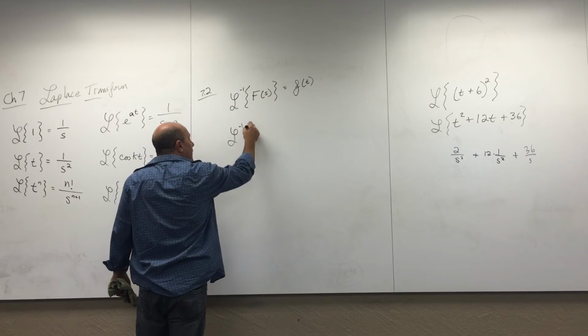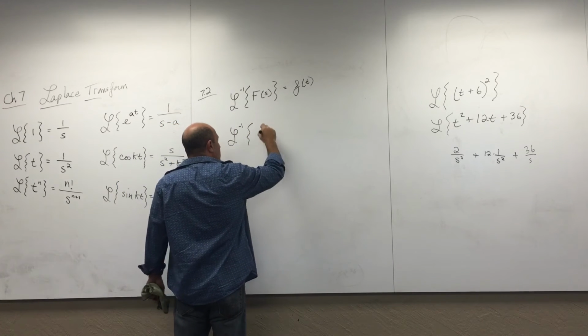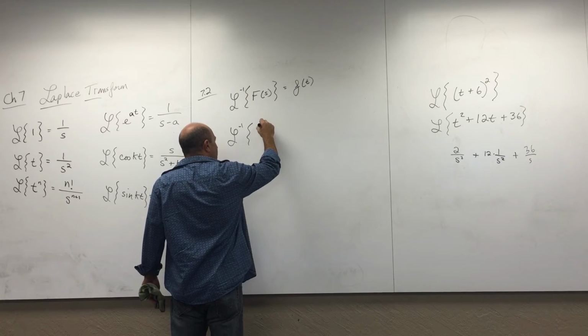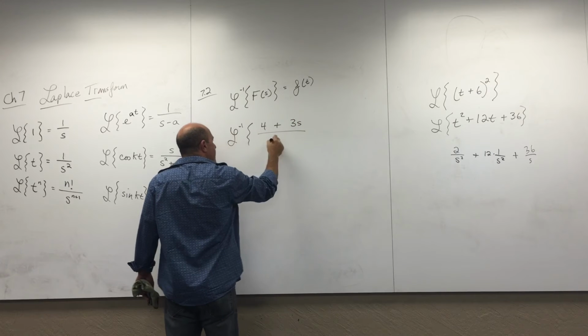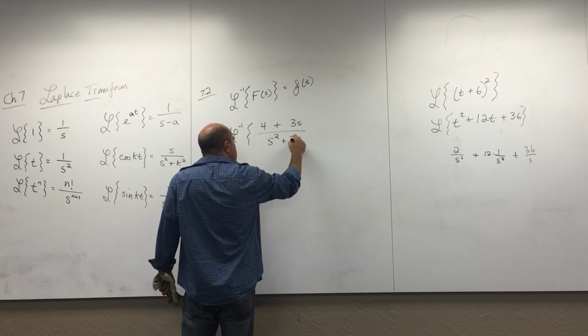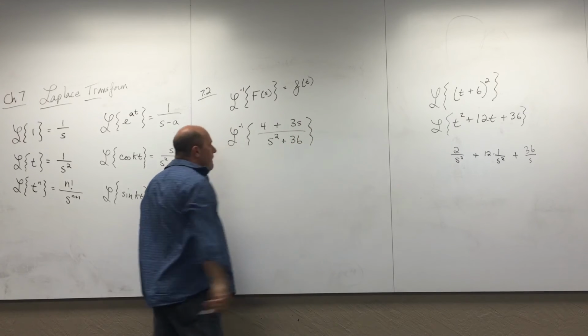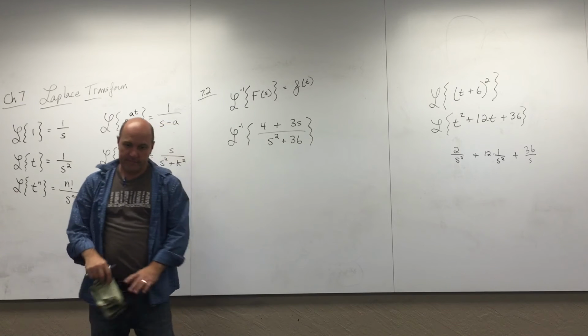Let me try one here. The Laplace inverse of, watch this, this is cool. Right off the bat, I don't mess around. I do not mess around. All right, so start looking in your chart for somebody that looks like that.